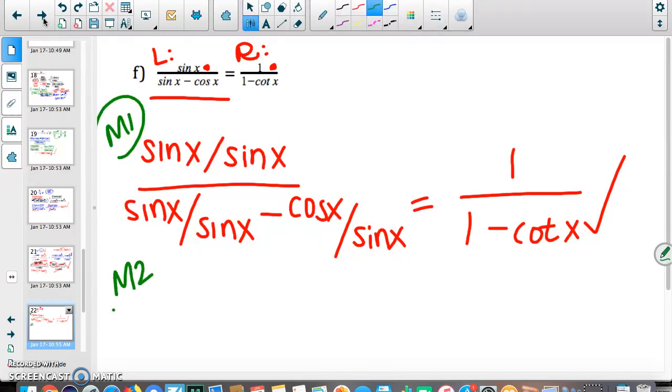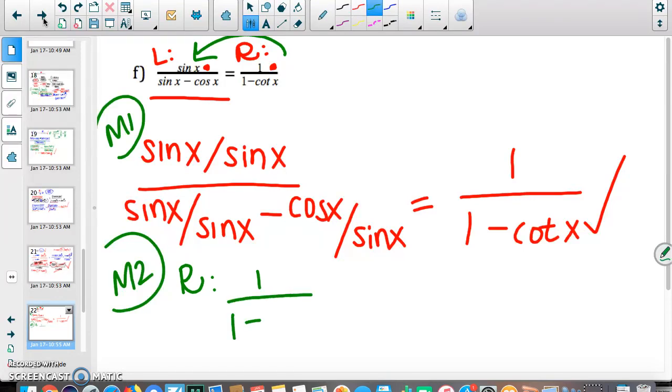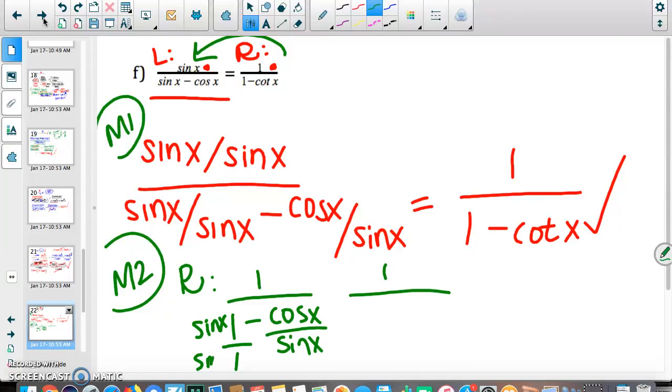I'll quickly go over method 2, just in case that one didn't tickle your fancy. I could go the opposite way. So I could start with my right-hand side, and I can do 1 over 1 minus cosine over sine. And I would just have to find a common denominator. So it's going to be 1 over, my common denominator is sine.